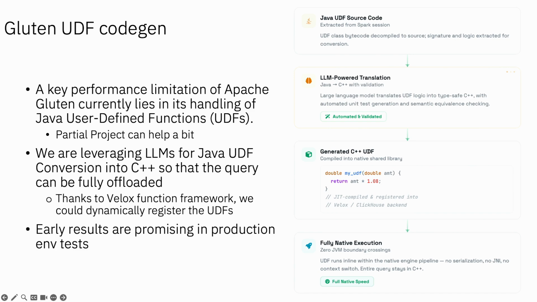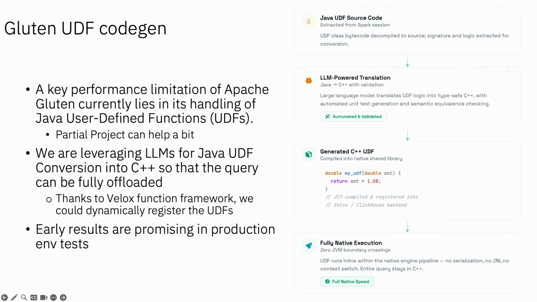We introduced the partial project feature, which can extract the UDFs, and then project those supported expressions with native functions and only do the fallback for that specific UDF.